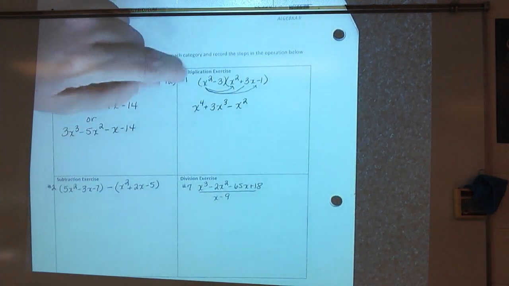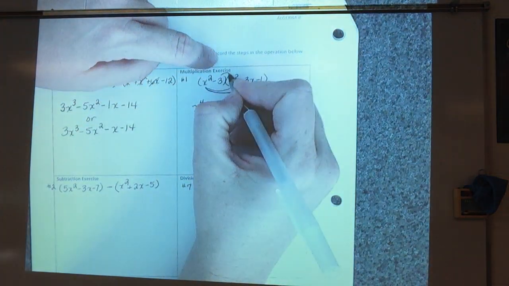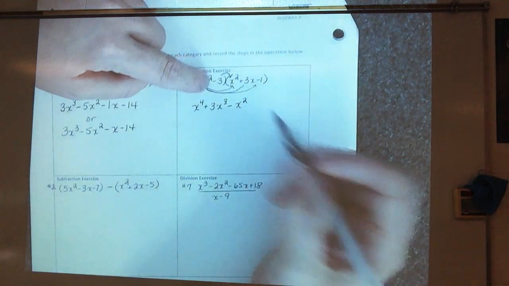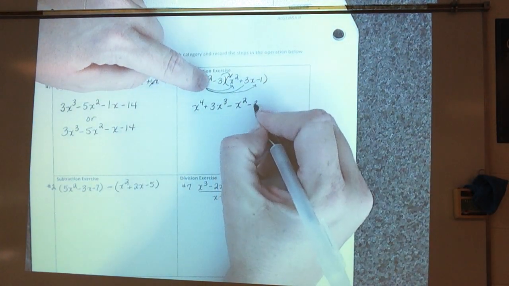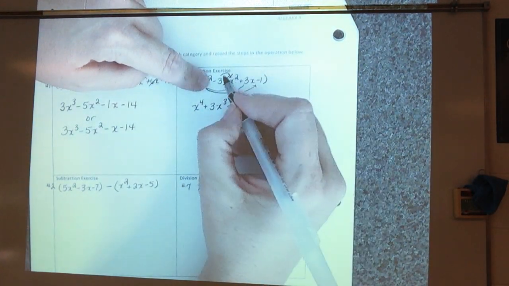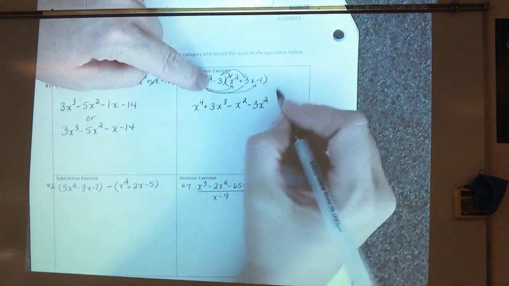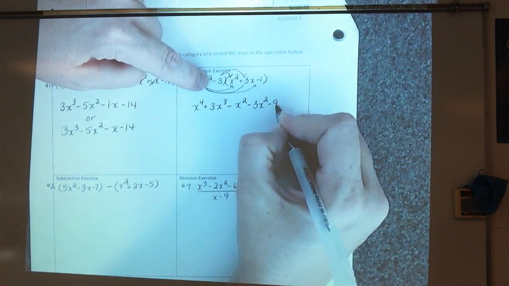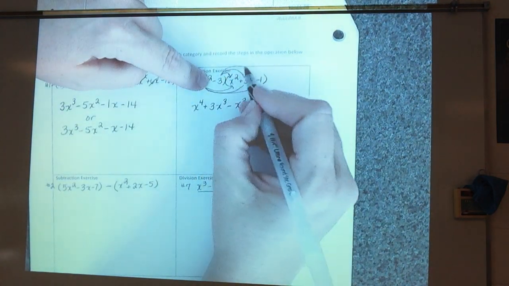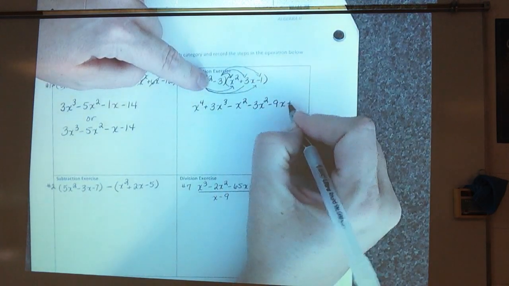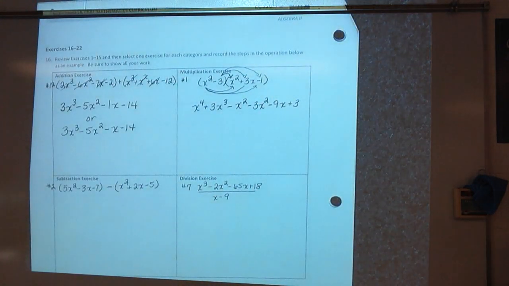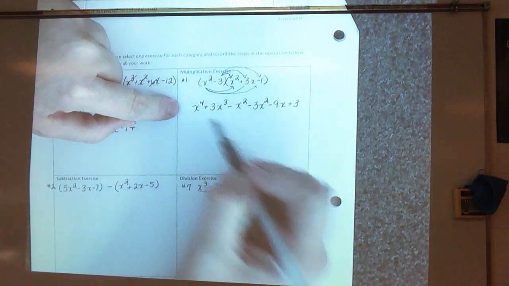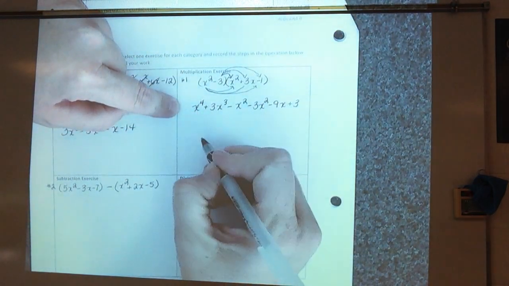Now I've also got to multiply the negative 3 times everything. So negative 3 times x squared is negative 3x squared. Negative 3 times 3x is negative 9x. And negative 3 times negative 1 is 3. I'm not finished. I need to combine all my like terms. I'm going to start with my x to the 4th.